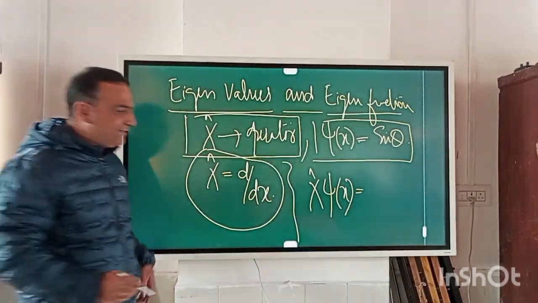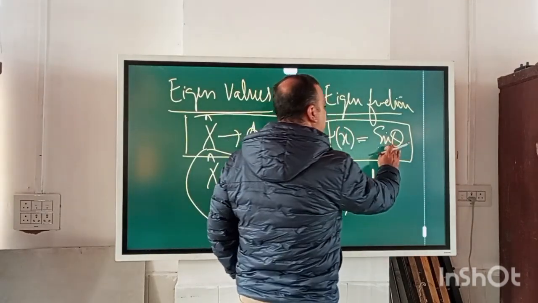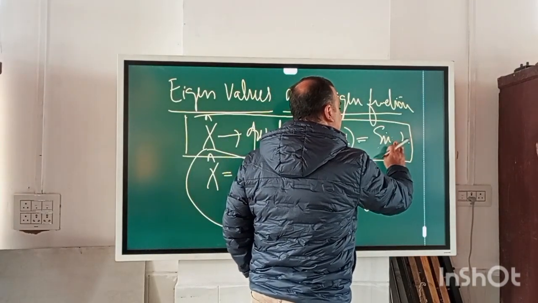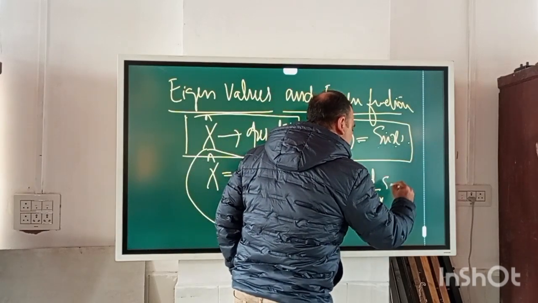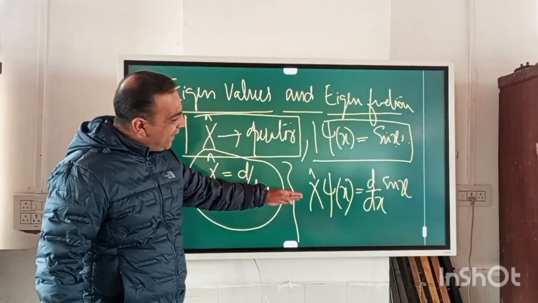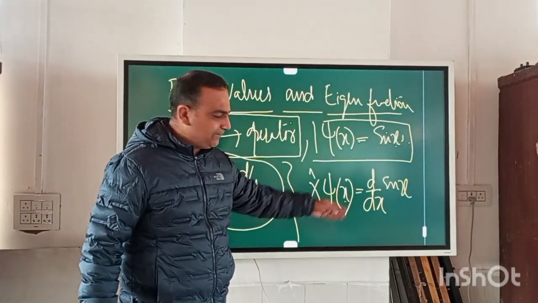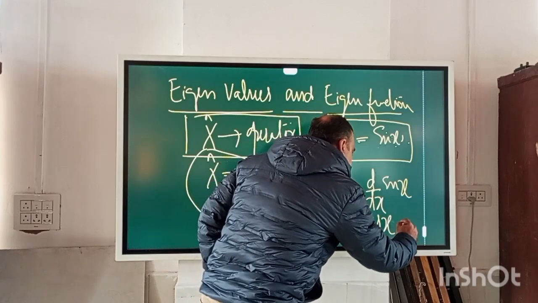It's d by dx. So I will have d by dx of sine x. So your operator is acting on this function, and what you obtain is cos of x.